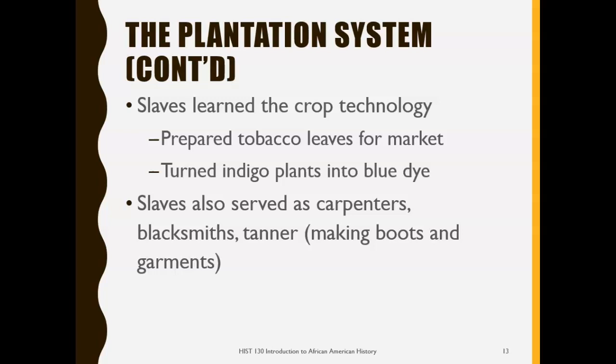They had to package the tobacco. They had to turn indigo plants into a blue dye, but some of them specialized in some crafts like carpentry, blacksmithing, and tanning. So those were the main tasks of the slaves on the plantation.